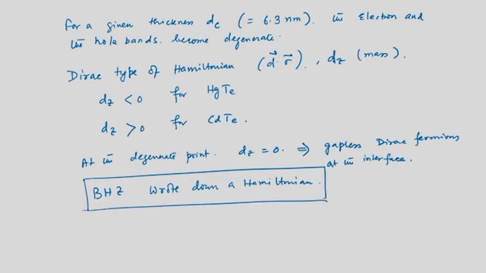That 4 by 4 Hamiltonian, which of course has a block diagonal nature comprising the gamma 6 and the gamma 8 levels, which are connected by time reversal symmetry, because this has time reversal symmetry. So they are basically the Kramers pairs, the spin split Kramers pairs. Okay.